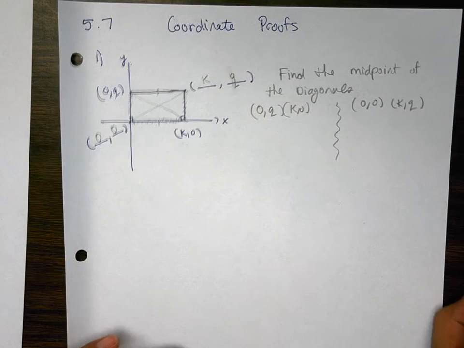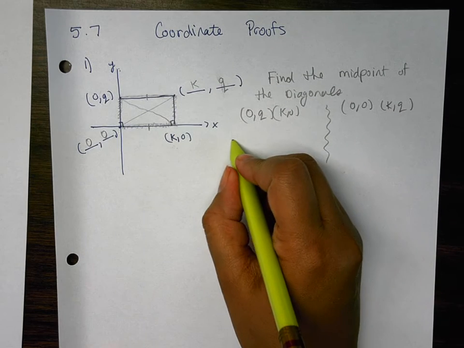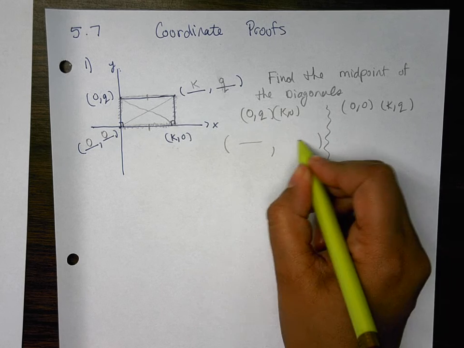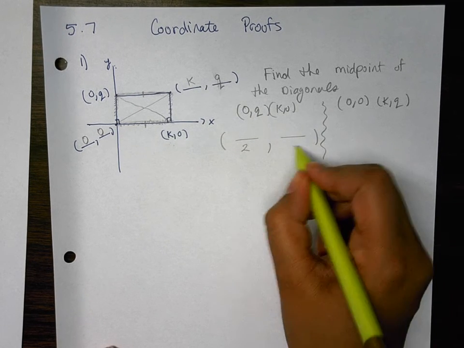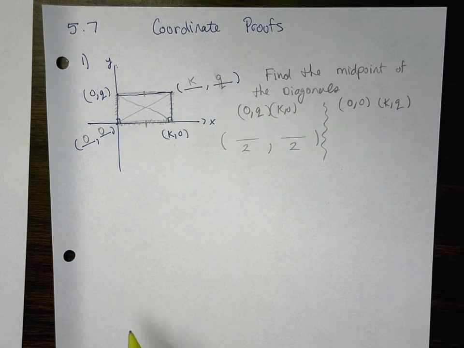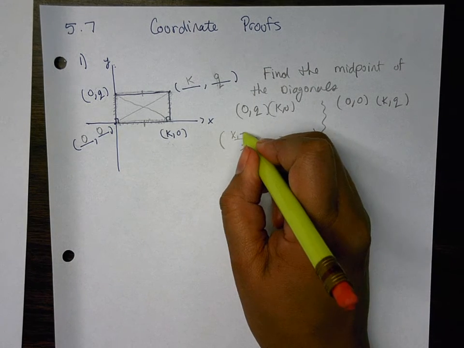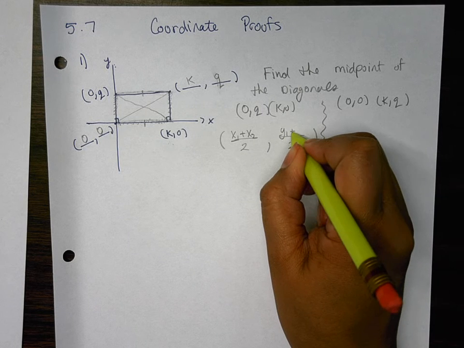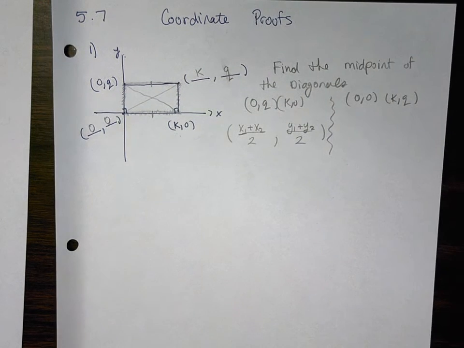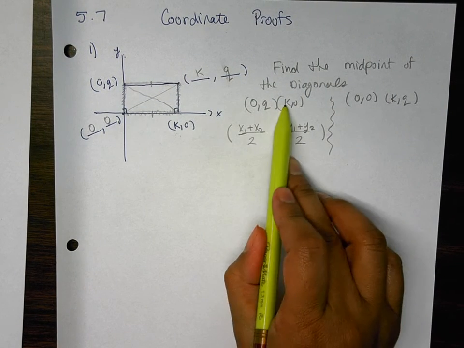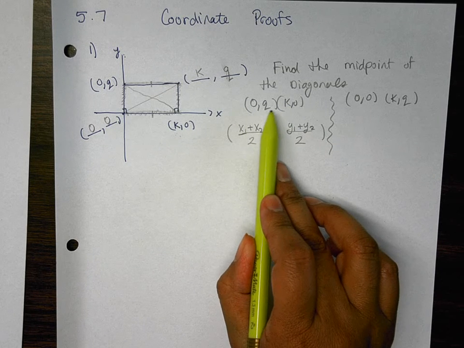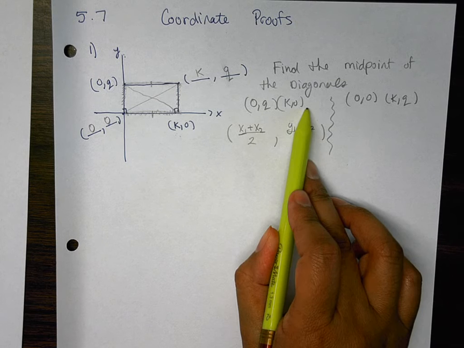Diagonal, diagonal. Okay, does anybody remember the midpoint formula? It was a big ordered pair, and it had fractions here and a fraction here, and we divided by 2. Does anybody remember what was at the top? Good job. X1 plus X2 was the only one that had the plus, and Y1 plus Y2. Okay, so you're going to add your X's together, and then you're going to add your Y's together. Everybody's writing this down.